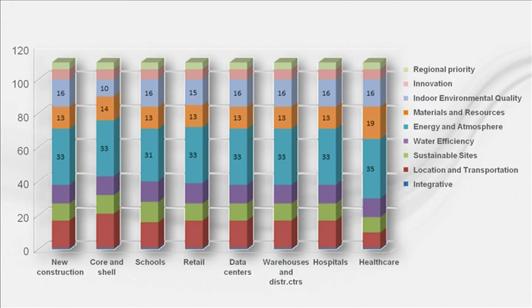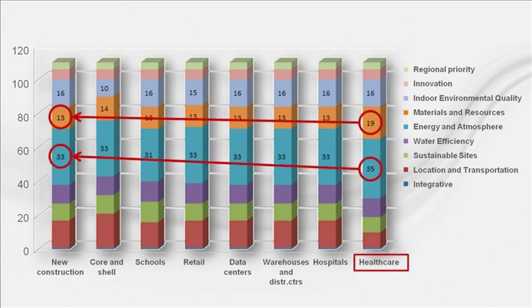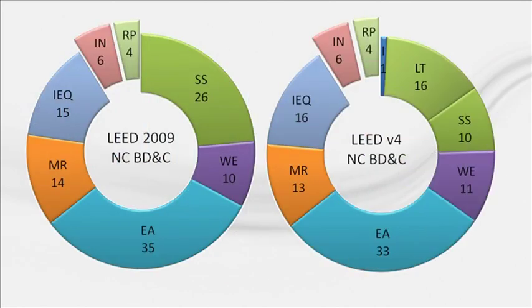You can see that the point distribution varies a bit. For example, LEED for Healthcare awards more points in the EA and MR categories than LEED for New Construction. For those of you familiar with the previous version of LEED, this side-by-side chart shows V4 puts a little more emphasis on the Water Efficiency and Indoor Environmental Quality categories, with each gaining 1 point.